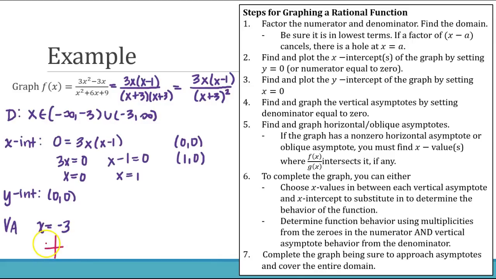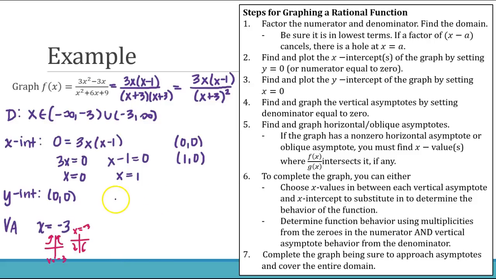So it's either going to be both pointing up or both pointing down near that x equals -3, right? So that's not the y-axis, that's near the vertical asymptote, x equals -3. So either both sides are going to point up or both sides are going to point down. We won't know until we actually put this graph together.